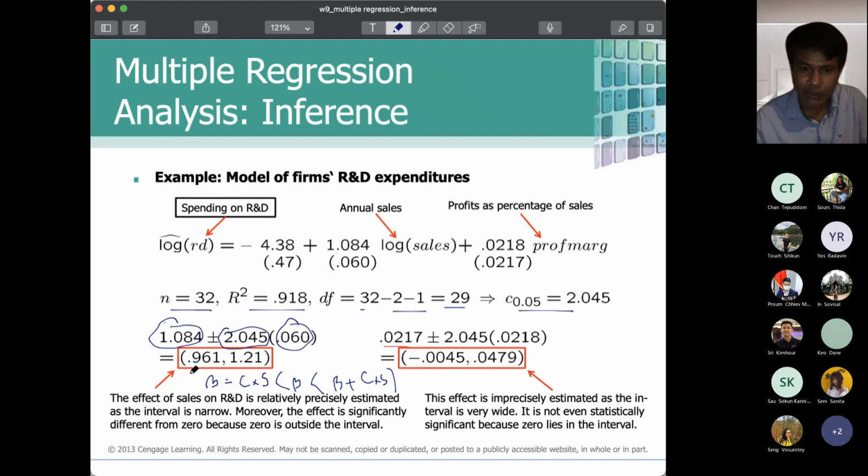When you use the minus sign, you will obtain this lower bound. Let me say L. This is the upper bound, U. So if you do the math yourself, you will get the lower bound 0.961 and the upper bound 1.21.